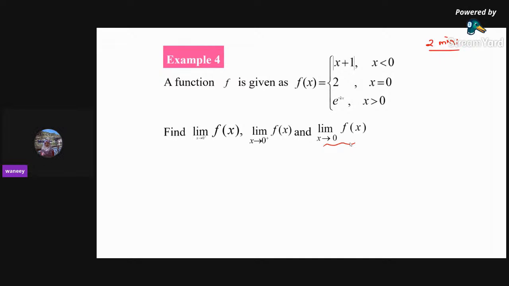Normally we need to use this one if we have something with an absolute value or something with a piecewise function. So selalunya dalam dua keadaan lah, piecewise ataupun absolute value. So normally you have to calculate on the left hand side and right hand side first before you can see do you have the limit or not.